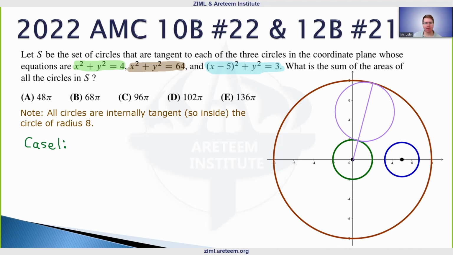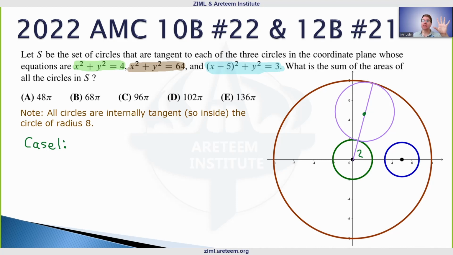Now, do we know the radii of these circles? Well, we do. We know the circle inside is 2, and we know the outside circle is 8. So let's let this circle here have some center.